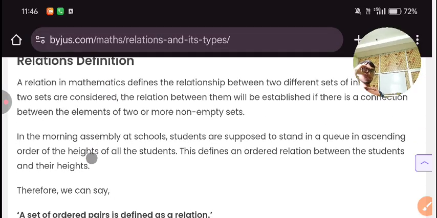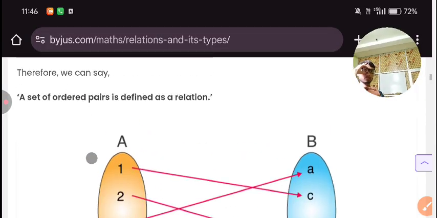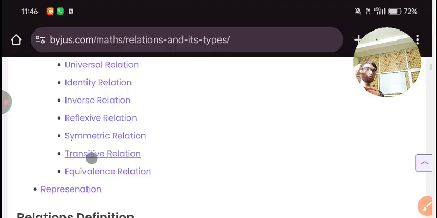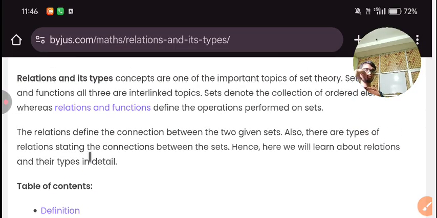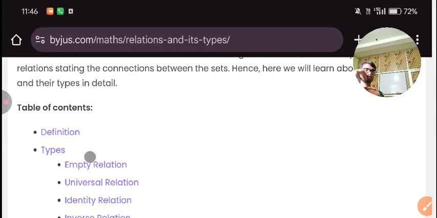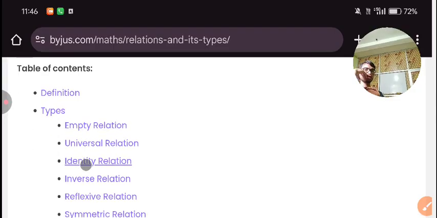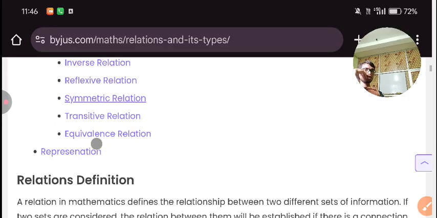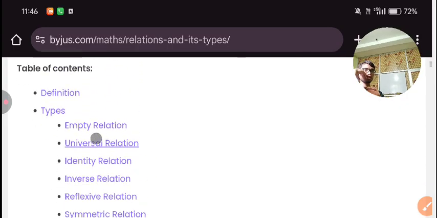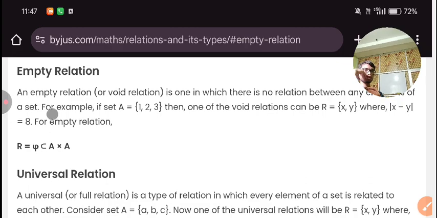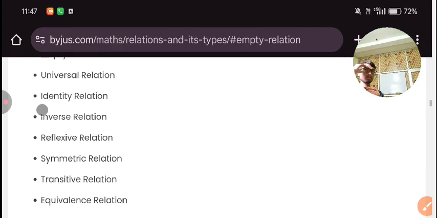All this we will explore here. We know the definition of a relation. Now let's explore the types of relation. First we have the empty relation. Let's see where the empty relation is. Here we have the empty relation.